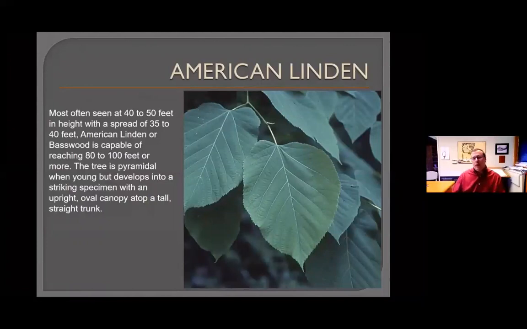When these are in bloom, they're just humming with activity from bees and butterflies that are working on those intensely fragrant flowers. American linden can get 100 feet tall, very quick growing, 2 to 3 feet in a year, and produces nice heart-shaped leaves that have a nice golden yellow fall color.